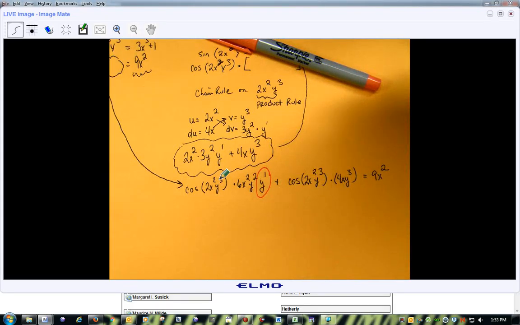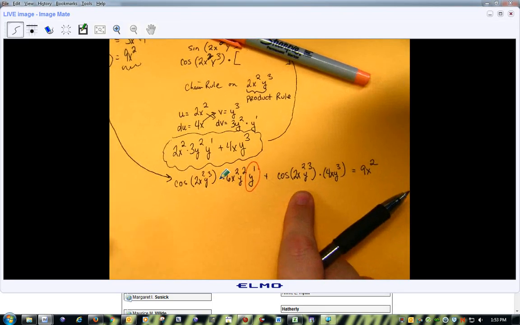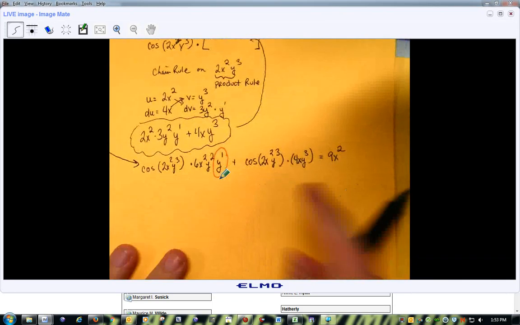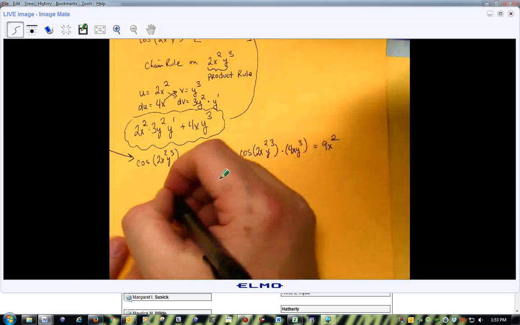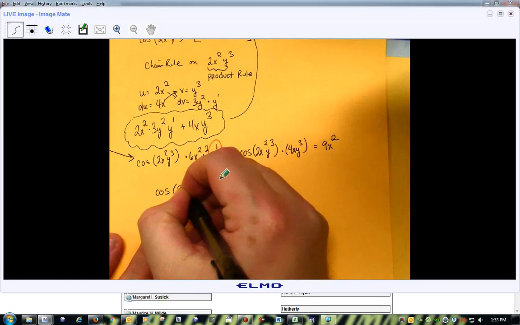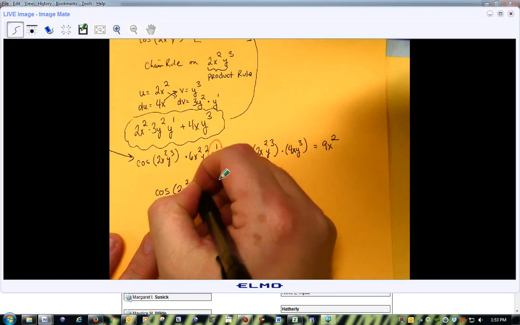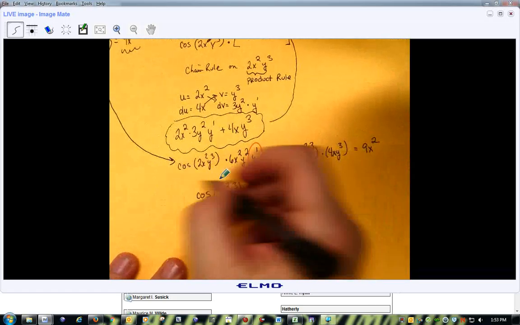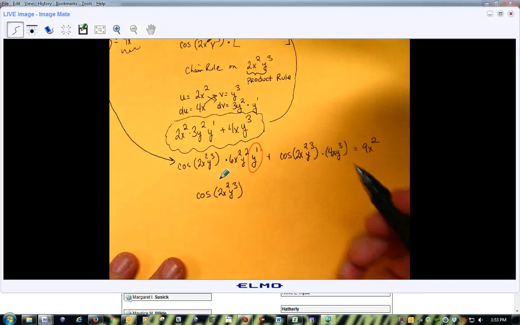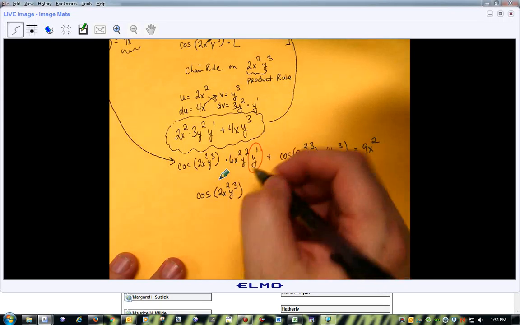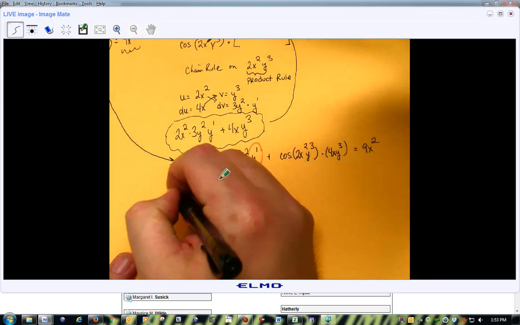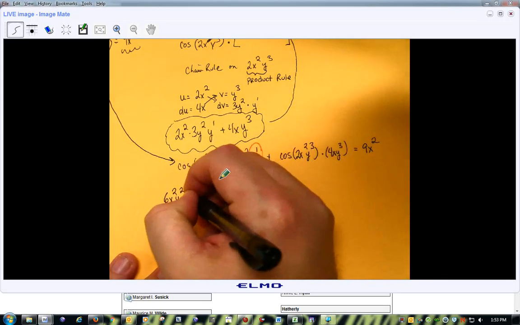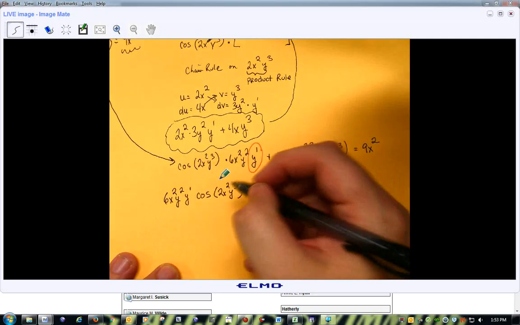So I'm going to subtract this guy, this cosine times the 4xy cubed, from here. So I'm going to get the cosine of 2x squared y cubed, and I'm going to put this out front because I don't like stuffing behind the cosine when I don't need it. 6x squared y squared y prime. And that's still my focus.